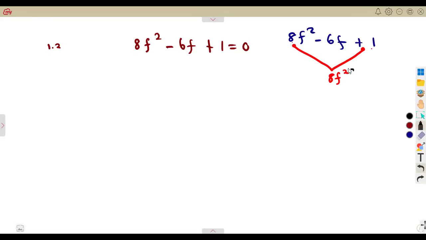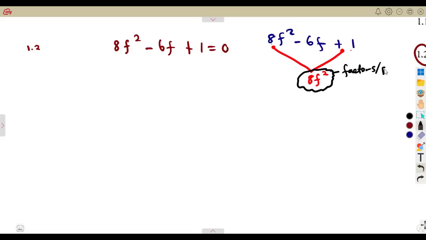You need the factors of this 8f squared, which are the products, 2 factors. These terms are supposed to give us the same 8f squared, but when added, they must give us this middle term.